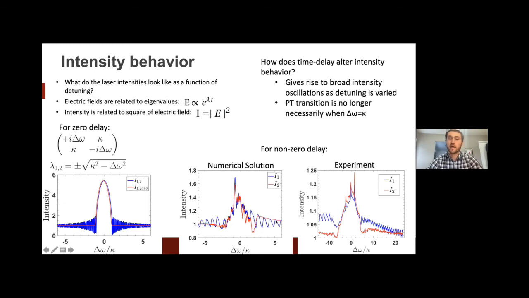The real parts of the eigenvalues are transitioning from above to below 0. Furthermore, we see that the PT transition has been widened a bit. The transition is no longer necessarily when the detuning parameter is equal to the coupling parameter. It's somehow beyond that. We'll see later that the delay has the effect of pushing that PT transition further to the right and further to the left, so we can widen that transition region.